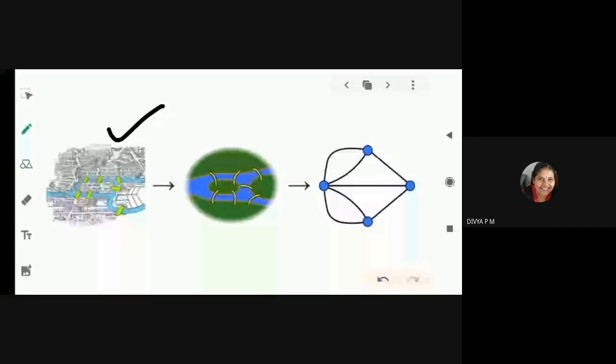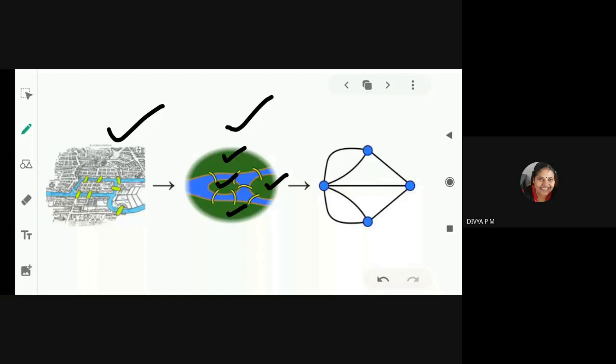The problem is this one. Look at the second figure in which these 7 bridges are clearly visible. It is connecting 4 land areas, one here, second here, third one here, and fourth one here. These 4 land areas are connected by these 7 bridges.